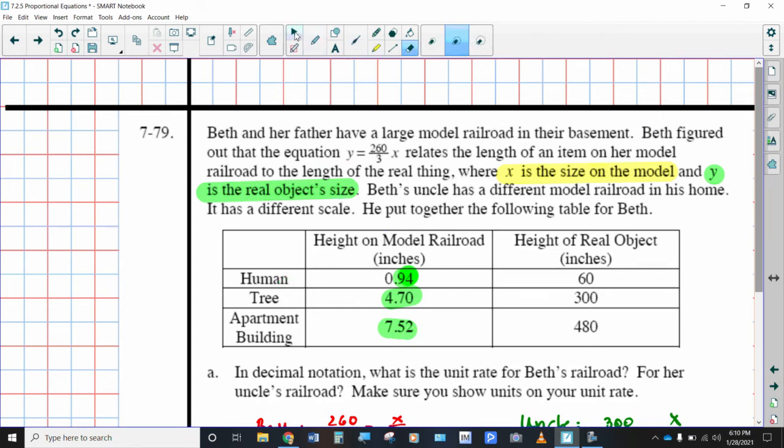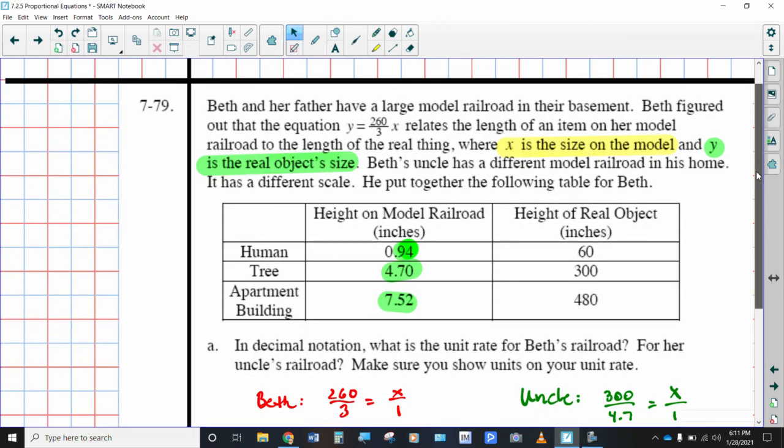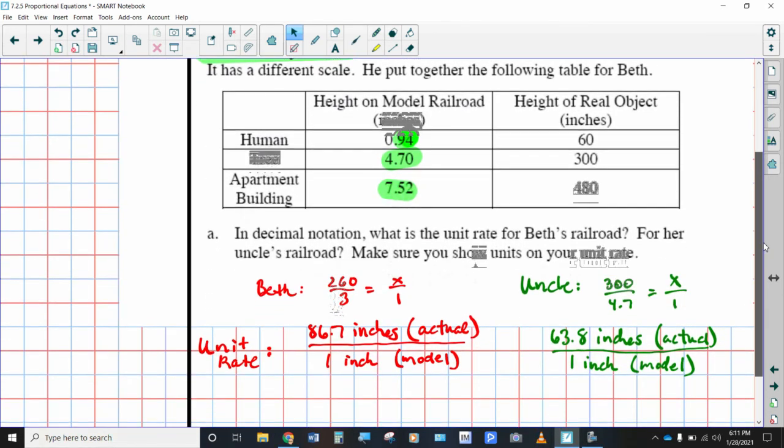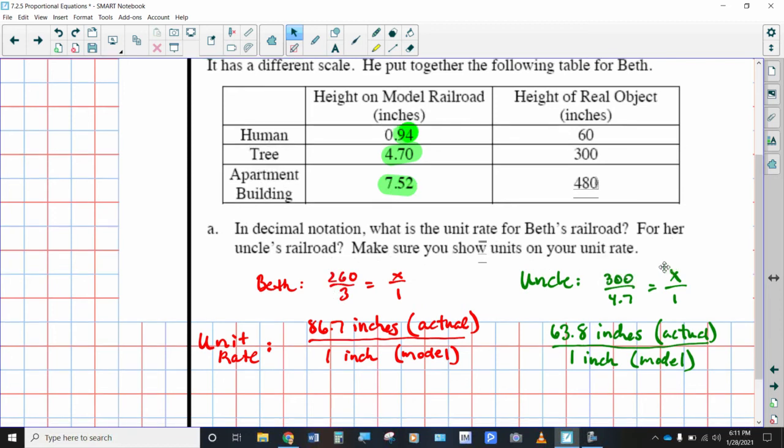Okay, so since this relates Beth's situation, I'm guessing that our constant of proportionality or our slope ratio for this situation is going to be a little bit different. So it says in decimal notation, what is the unit rate for Beth's railroad and for her uncle's railroad? Okay, so I've revealed everything.